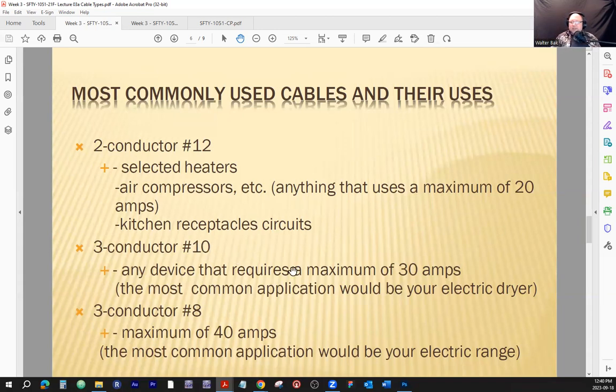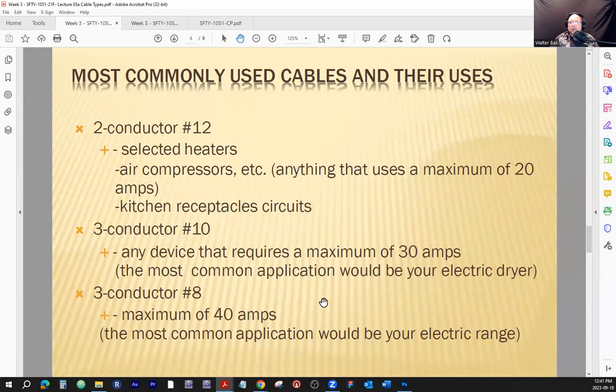Any device that requires 30 amps, and that will typically be something like an electric dryer. Now, we're going up with the gauge. Look, gauge number 8, 3 conductors, maximum of 40 amps, and the most common application will be your electric range. An electric range is basically an electric stove. It takes a lot of amps.